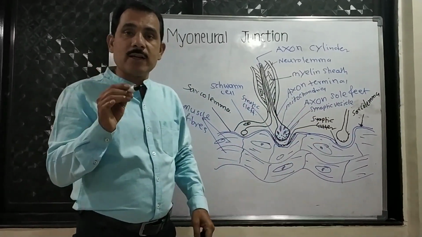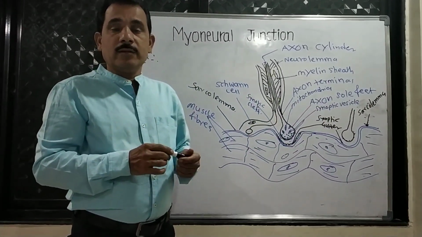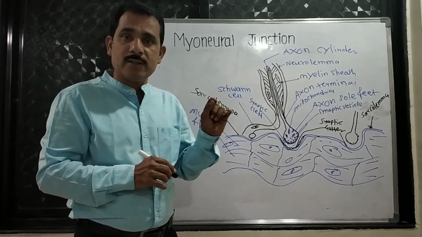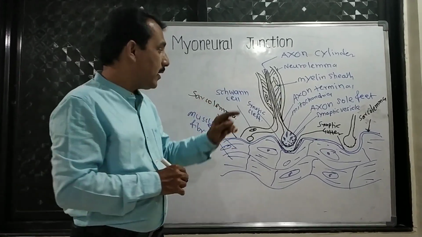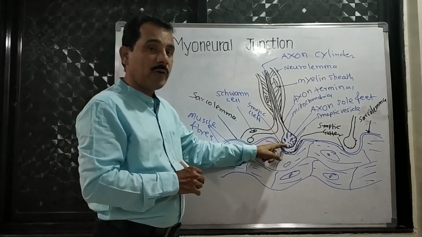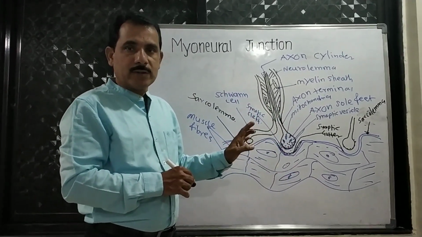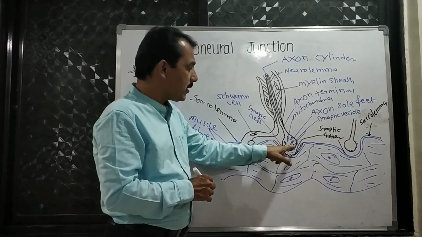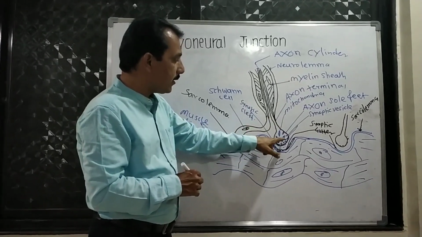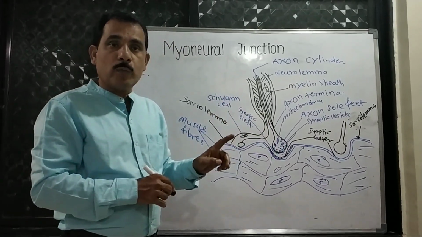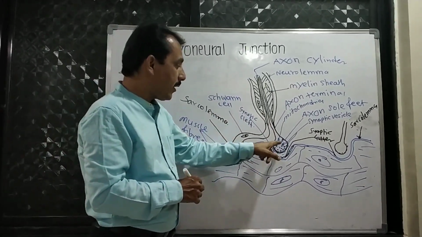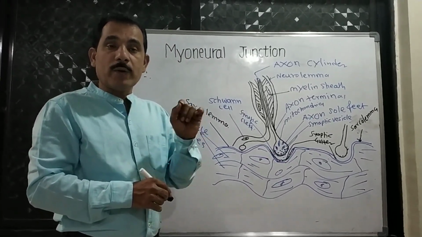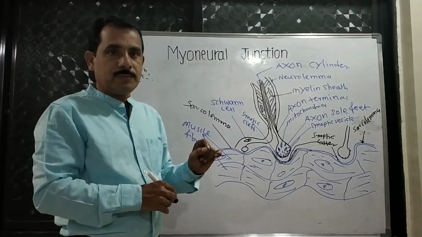These are concerned with the secretion and storage of the neurotransmitter substances required to transmit the impulses from the nerve fiber to the muscle fibers. Along with these, within the axon sole foot, there are numerous mitochondria and also endoplasmic reticulum.